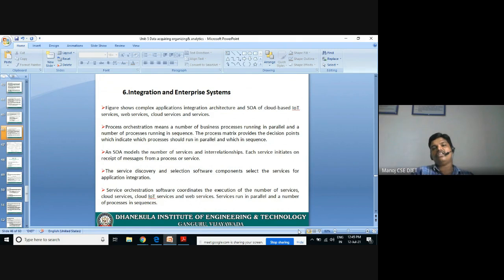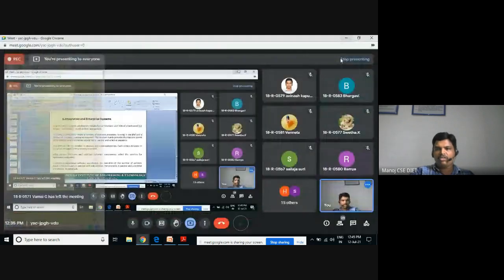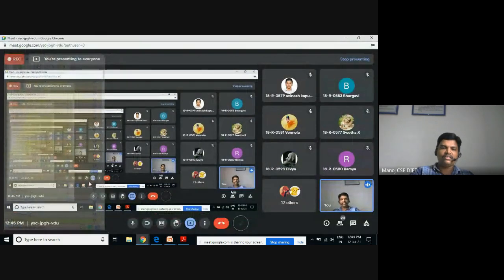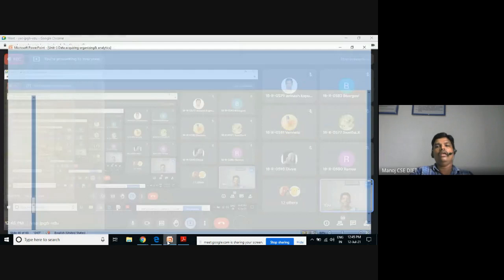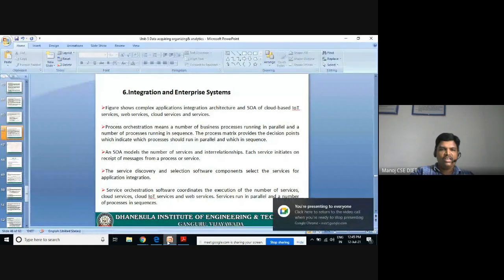And coming to the next thing, IES, the integration and enterprise systems. It is a very important question, whereas in other subjects, even in business analytics, there is integration and enterprise systems.